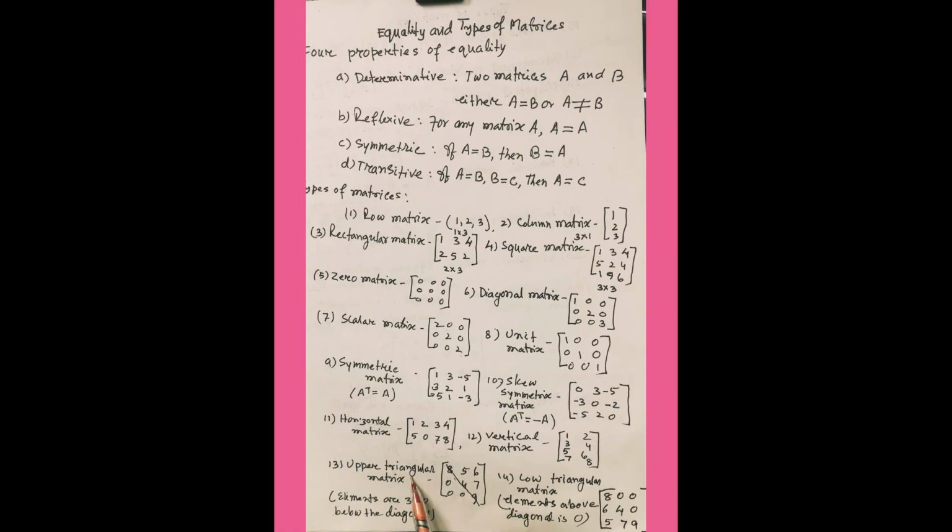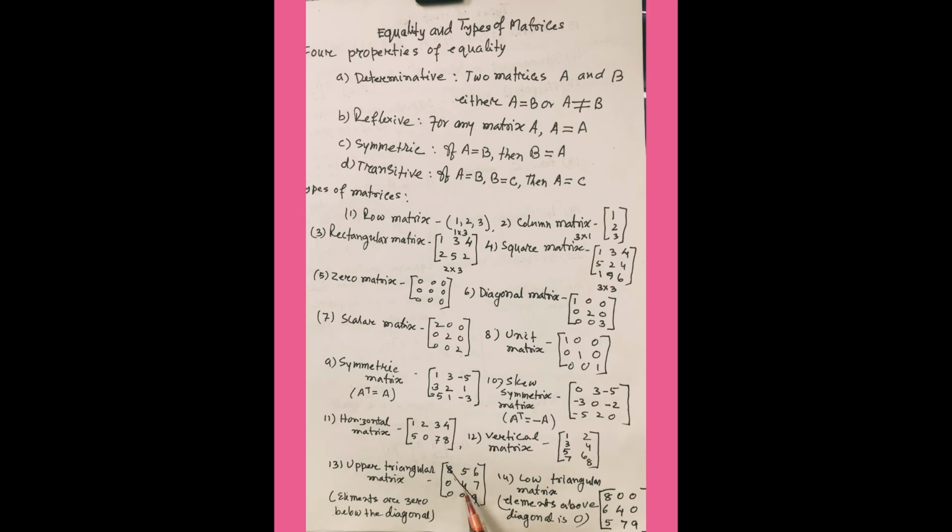Now upper triangular matrix. In an upper triangular matrix, above the diagonal some elements are there, but below the diagonal there are no elements, all are zeros. Below that all are zeros, above this some elements are there.